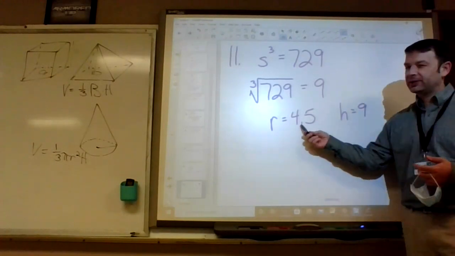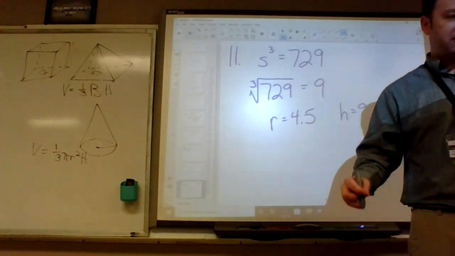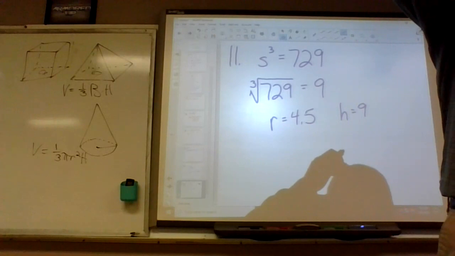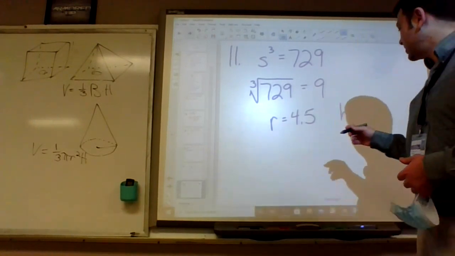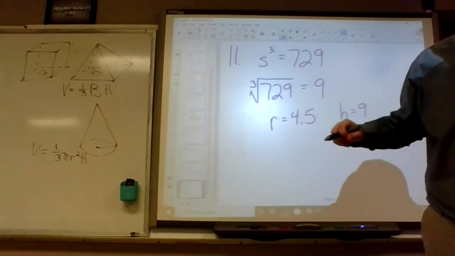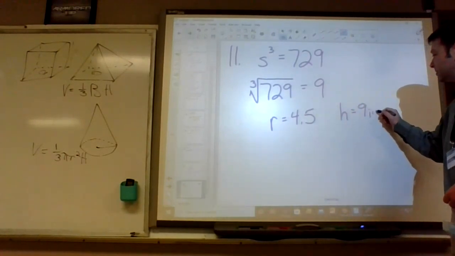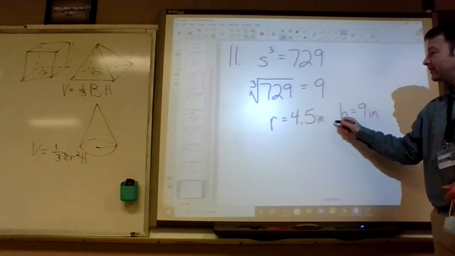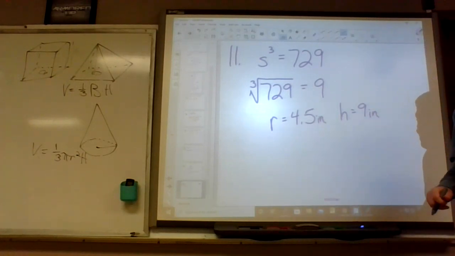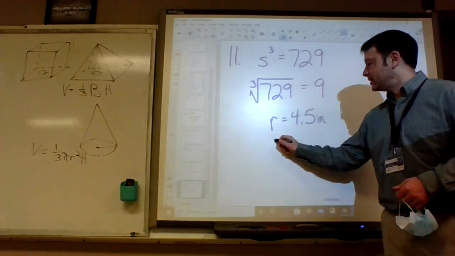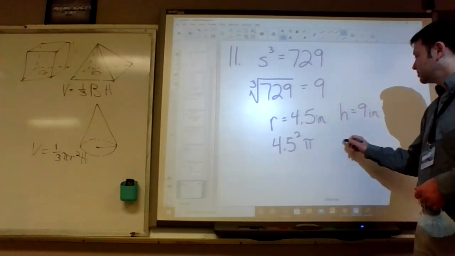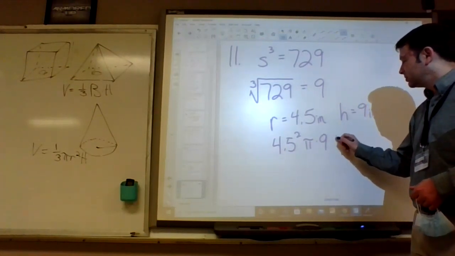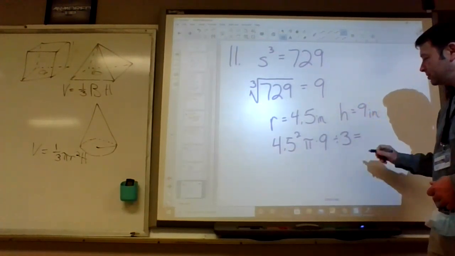Okay, so now we got something to help us find the volume. I kind of forgot what the question was. What is the height? Okay, we answered the first two already. The height is 9 inches, I guess. The radius is 4.5 inches, and we're supposed to also find the volume of the cone. So, radius squared times pi times the height, and don't forget, divide by 3.